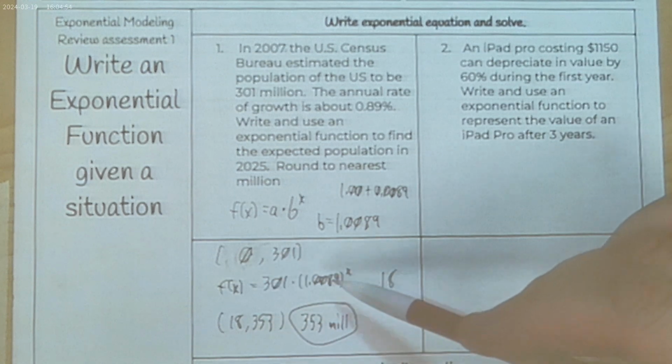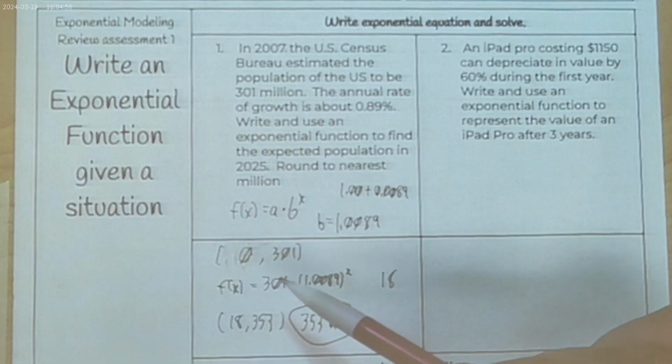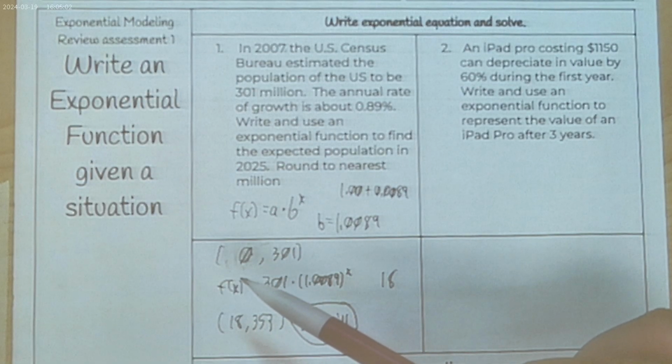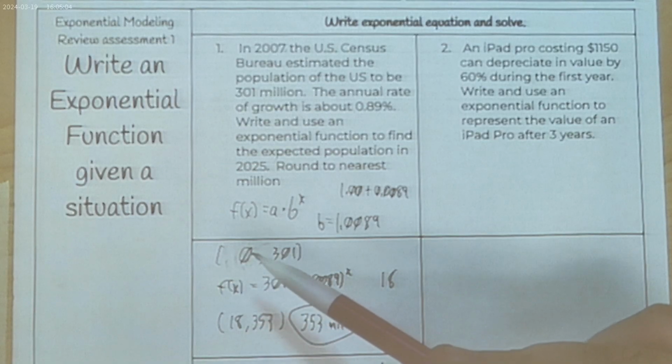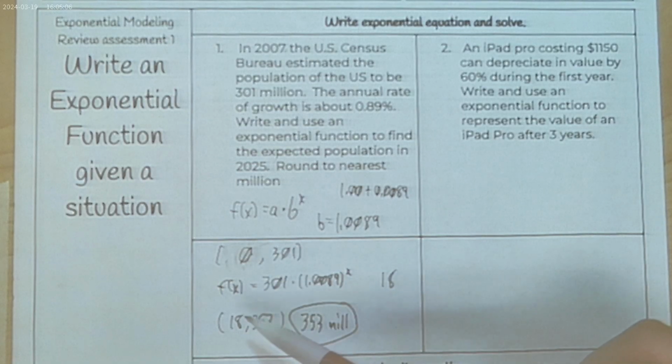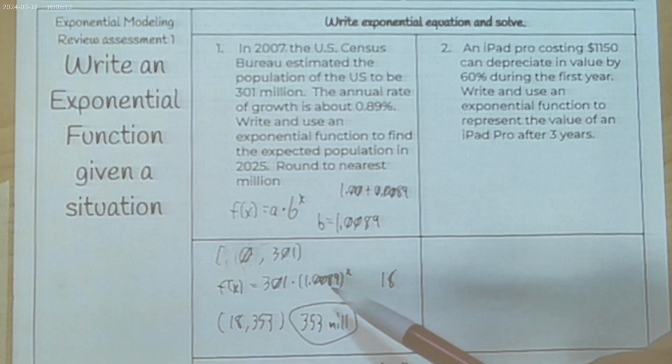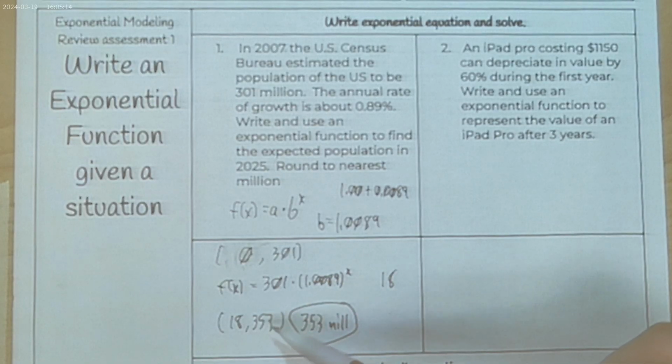I finally had a function that I could evaluate. What could I evaluate it with? Well, like I said, we're interested in the passage of time. We're interested in what happened over those 18 years. So if this is 0, then I have to set x equal to 18. Once I set x equal to 18, I had the function here. I just fed it into my calculator and got 353, which is 353 million. And that is the correct answer for that one.